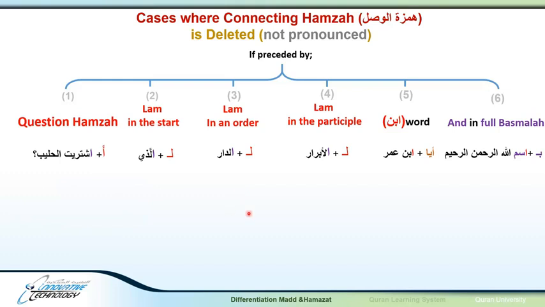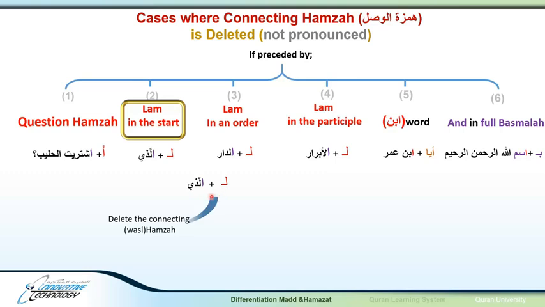Now let's take this example of the lam in the start. La plus الذي. We don't say la الذي, but we say للذي. We delete this Hamzatul Wasl and the alif of it, and we directly link the first lam with the للذي lam.